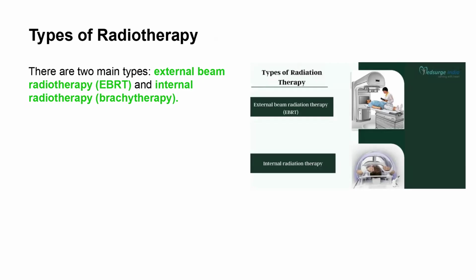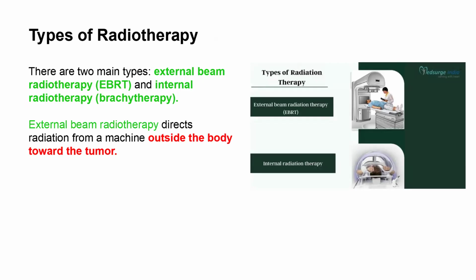So as you can see, in the case of external beam radiotherapy, it directs the radiation from a machine outside the body toward the tumor. And if you can clearly see from here, this is where you have the machine, and then the radiation is directed toward the tumor cells externally.